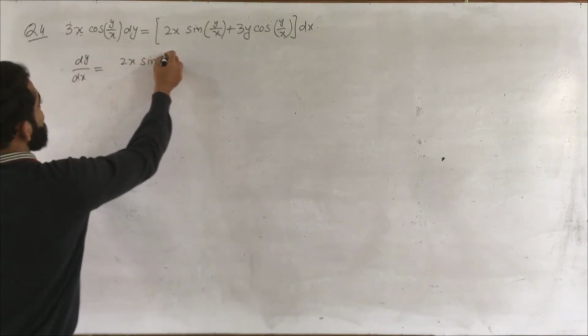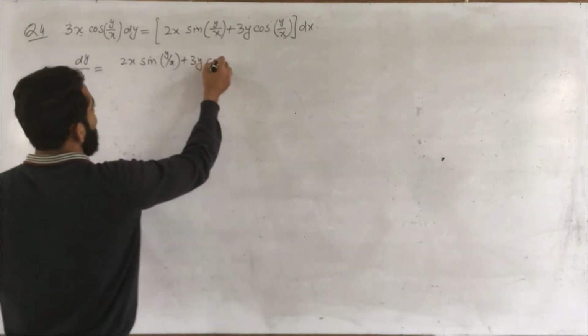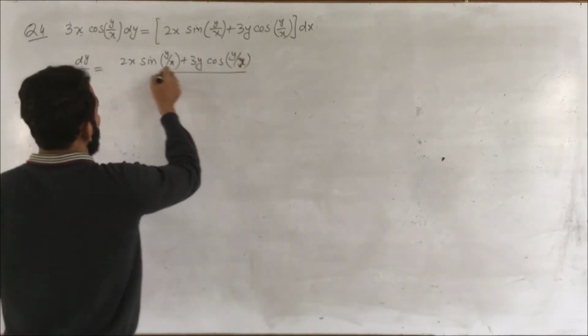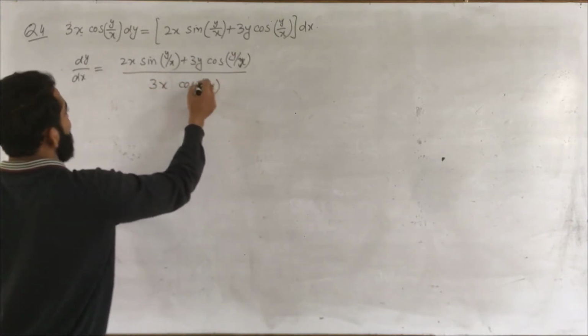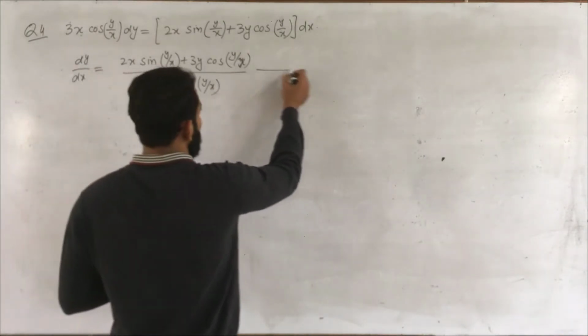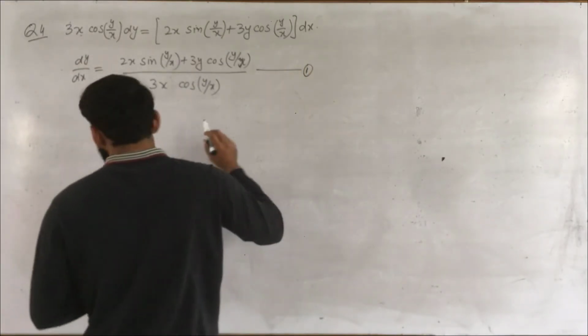2x sin y over x plus 3y cos y over x divided by 3x cos y over x, which is a homogeneous differential equation. I named it equation number 1.